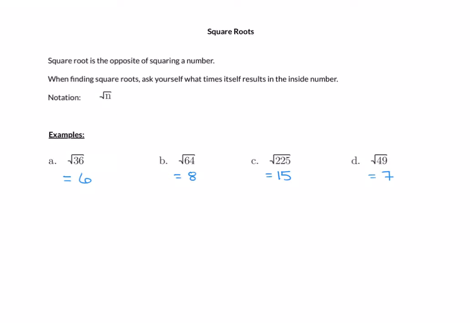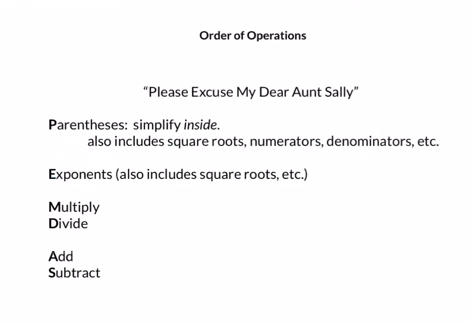Okay, so now that we have exponents and square roots under our belt, let's talk about order of operations. So when I first learned order of operations, I was taught, please excuse my dear Aunt Sally, or PEMDAS. There are other versions of this, but I won't mention them here because they're a little bit sarcastic. So what does Aunt Sally have to do with order of operations?